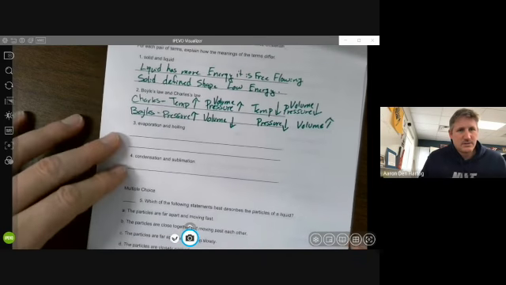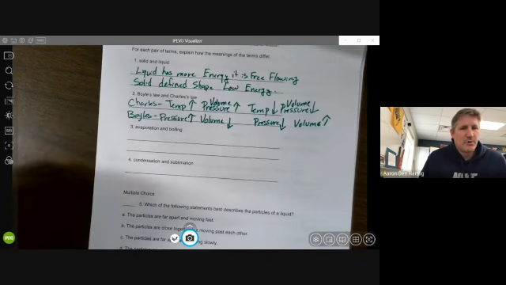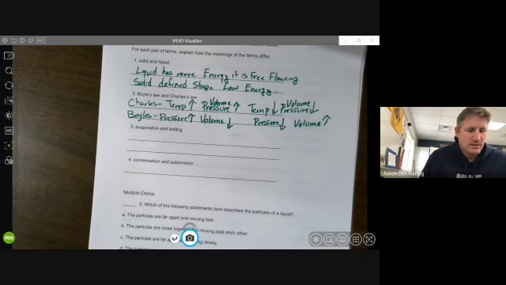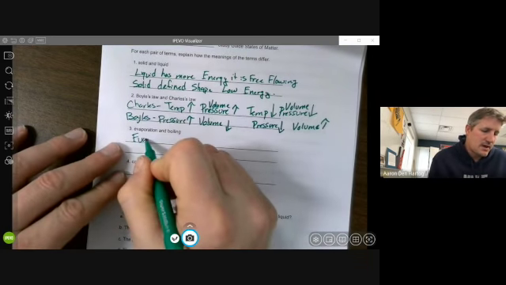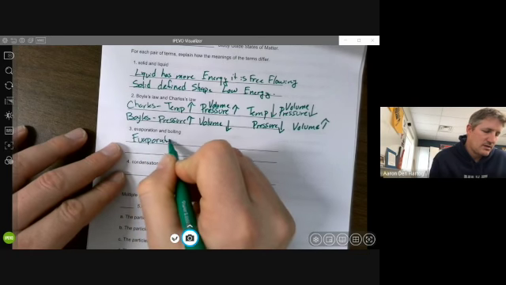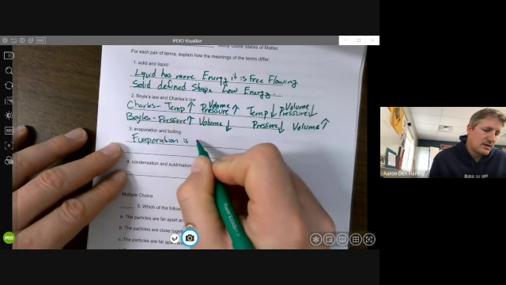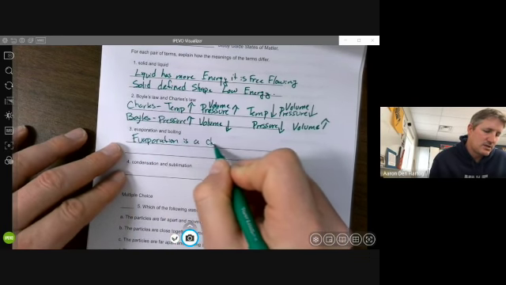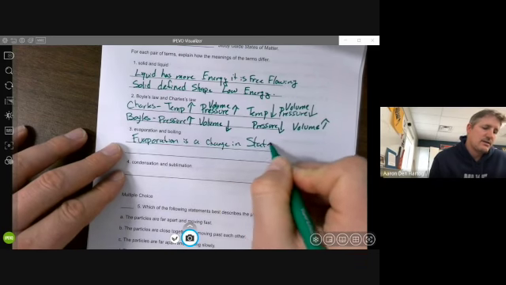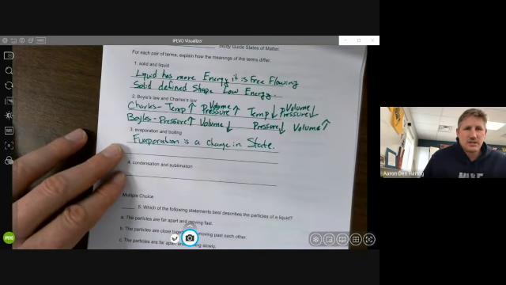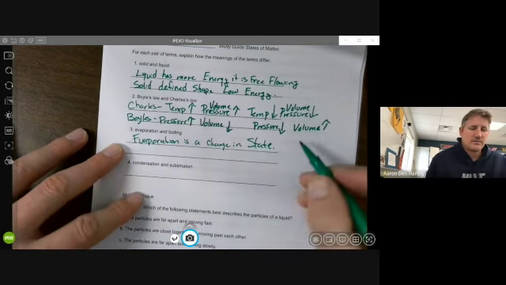What is the difference between evaporation and boiling? Well, evaporation is a change in state when we're going from a liquid to a gas.